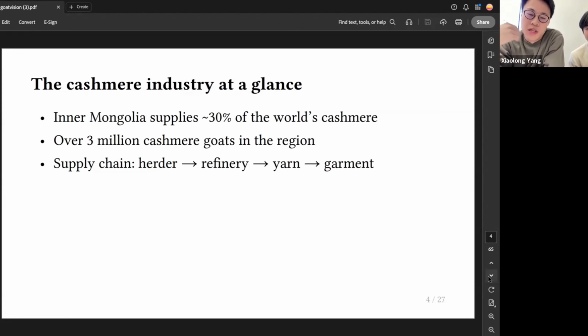And then one step up the supply chain, you would have people who collect the goat furs, put them into refineries and turn them into raw yarns, which are what people use to make cashmere garments. Almost every single step of the supply chain is very well capitalized, meaning that international and domestic businesses invest a huge amount of money building factories, trying to run the industry as efficiently as possible.